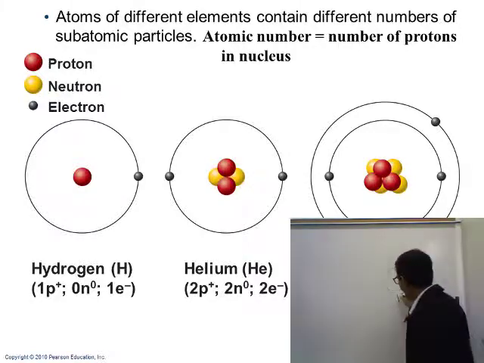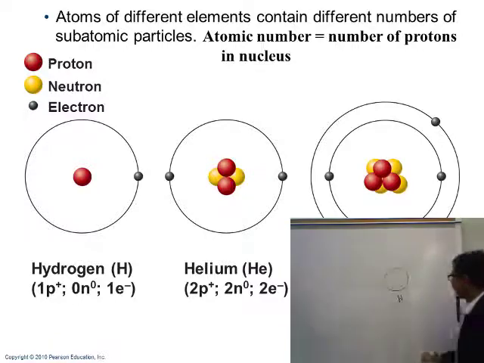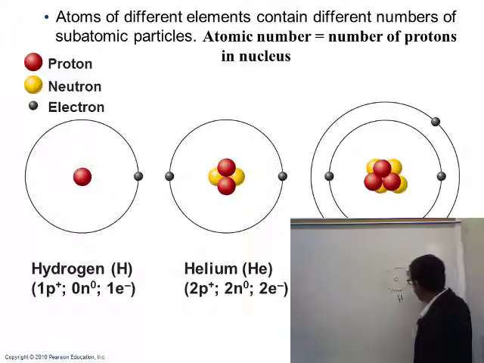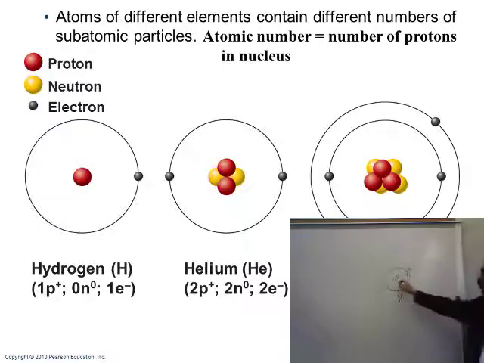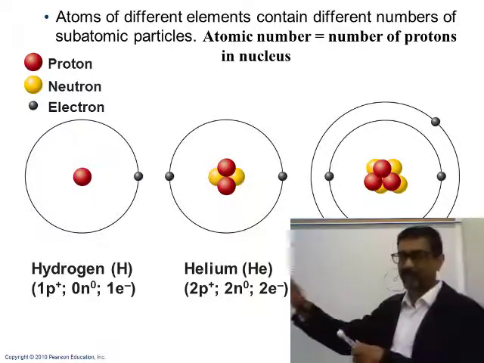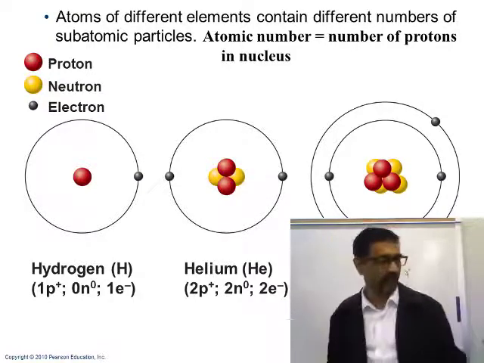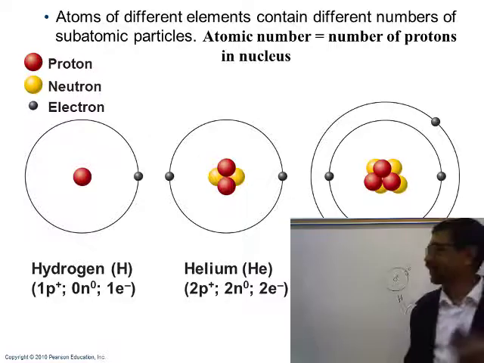So this is a hydrogen atom. In the nucleus you have only one proton, and on the shell only one electron. So it is neutral, but no neutron is present in the nucleus. So that is the exception. All other atoms have protons and neutrons, both in the nucleus.